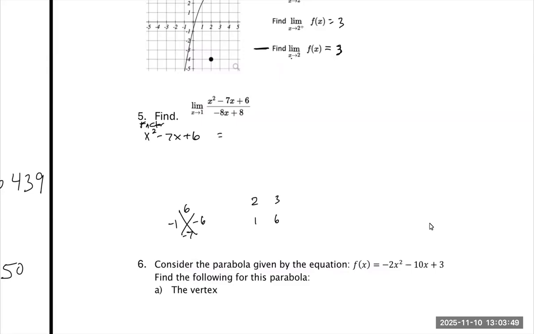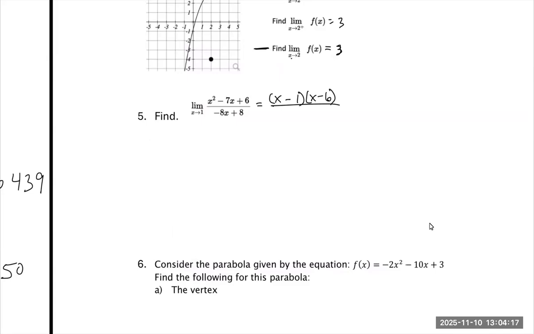So I know that this can factor into x minus 1 and x minus 6. Now the bottom is a binomial, meaning there are two terms being added together.